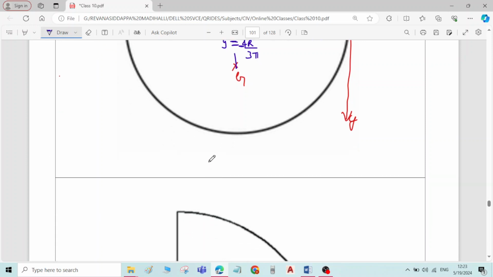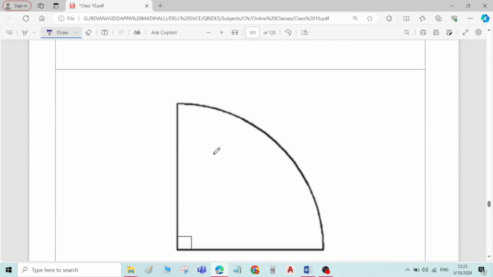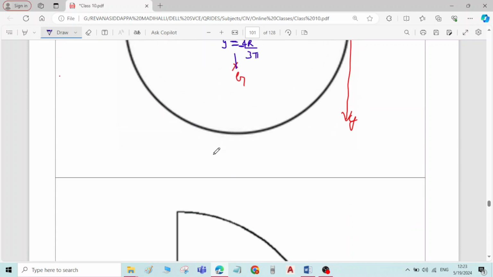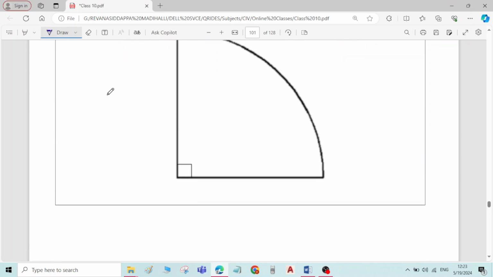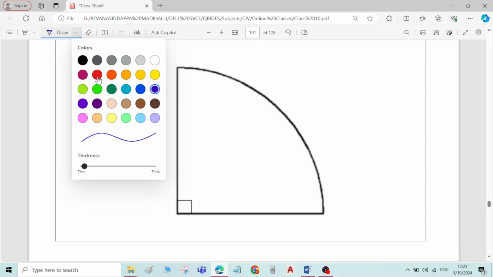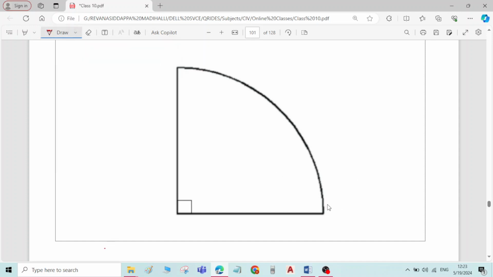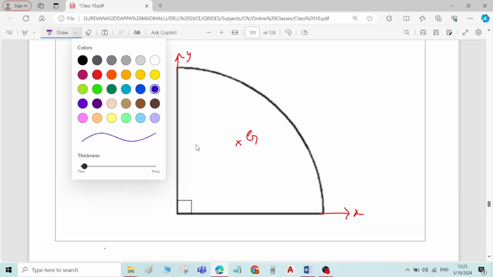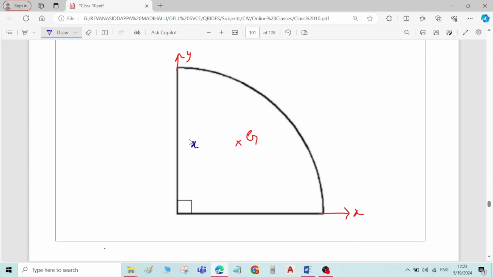So depending upon the orientation you have to apply the formula, and depending upon the quadrant in which the figure is lying you have to take the sign. Now for the quadrant of the circle, if I take the reference axis in the first quadrant like this, x and y, and G as centroid, x bar and y bar both have the same formula, which we have already derived: x bar is equal to 4r by 3 pi, y bar is equal to 4r by 3 pi.